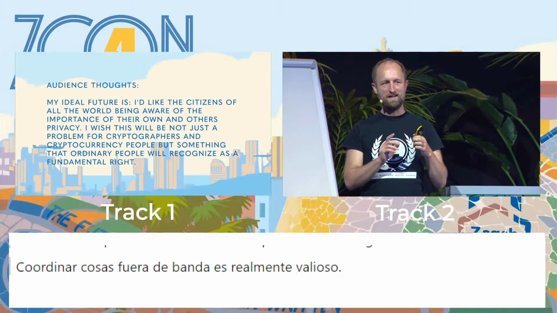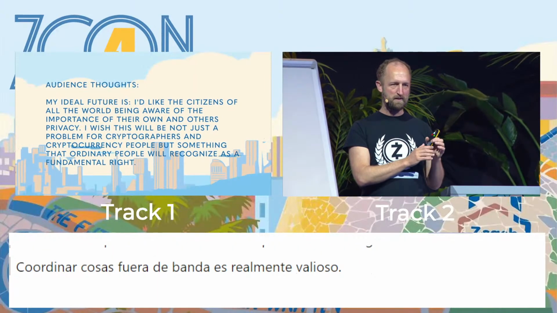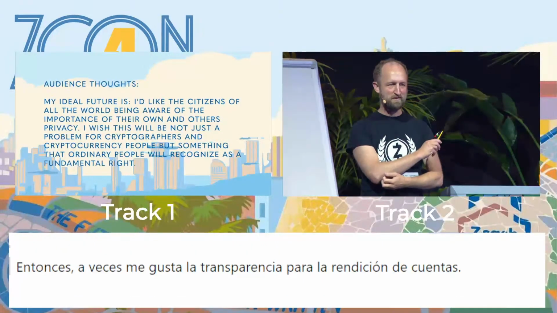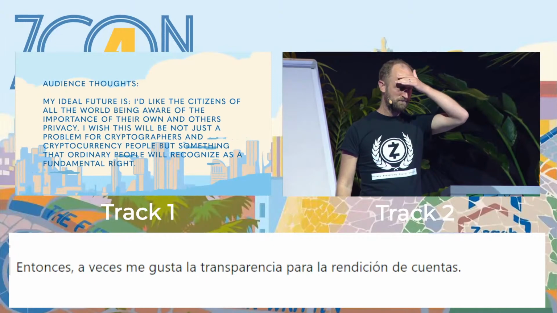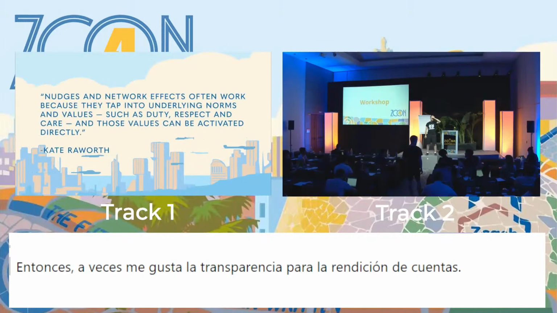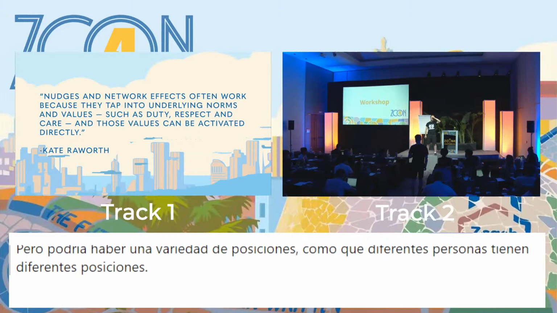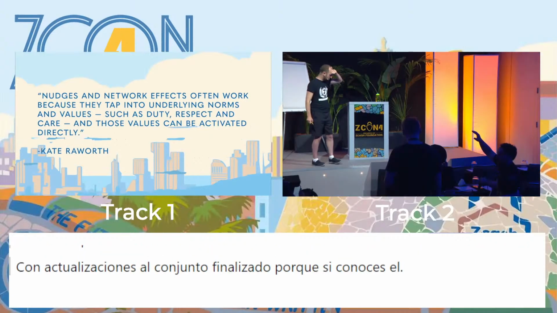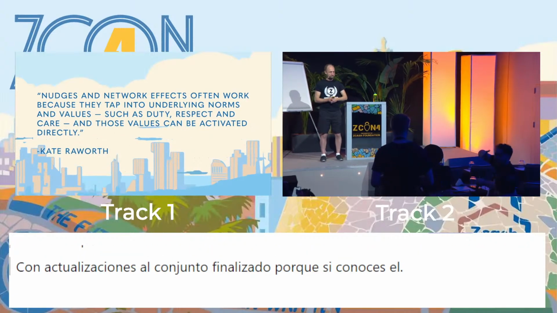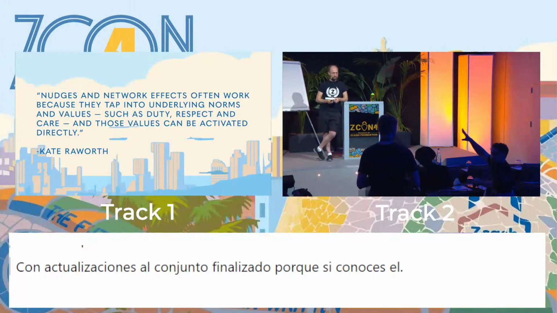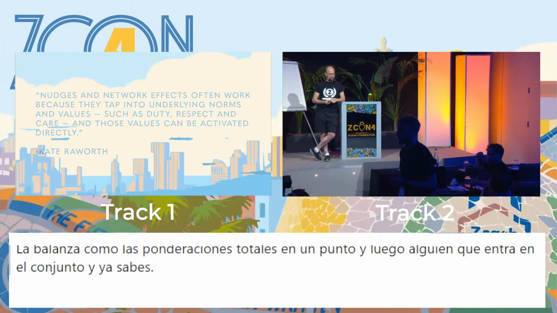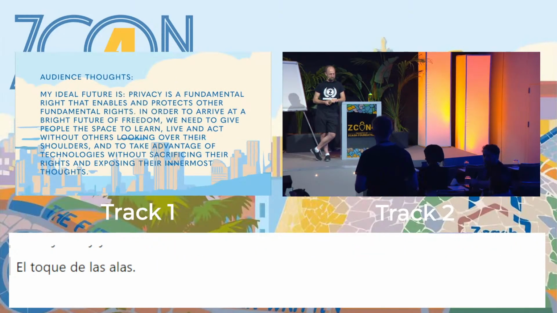So sometimes I like transparency for accountability, but there could be a range of different positions. There's also a problem you run into with updates to the finalizer set. If you know the total weightings at one point, and then someone new comes into the set and you know the total weightings after, you can look at the difference and extrapolate from there, revealing some information about the staking size.